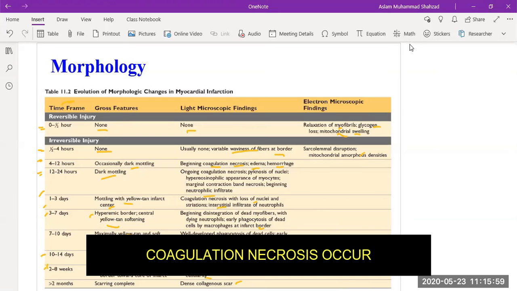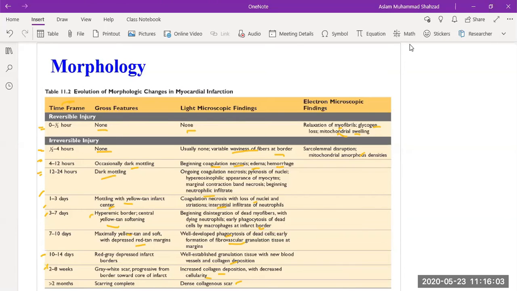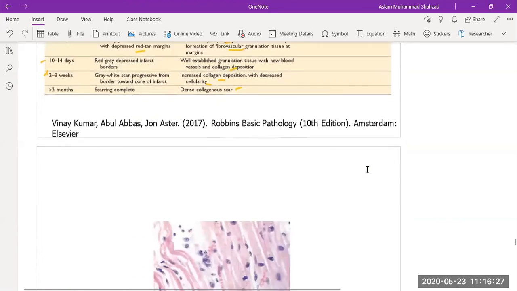With the passage of time, coagulation necrosis occurs, and then coagulation necrosis along with pyknosis of nuclei, then loss of the nuclei occurs, and then further infiltration of the neutrophils, and then phagocytosis of the dead cells initially at the border, and then phagocytosis in well-developed form. So that's how this mechanism occurs. So you need to know the basics of the morphological characteristics in this slide.